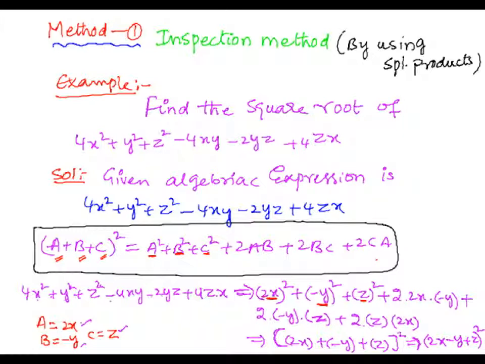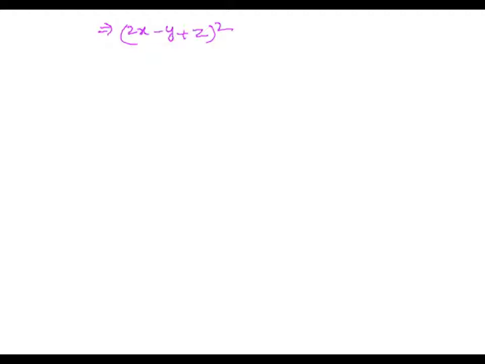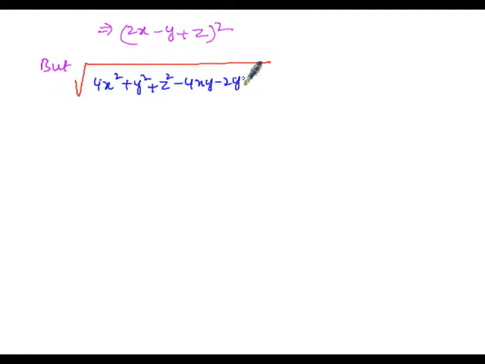The square root of the given problem, 4x square plus y square plus z square minus 4xy minus 2yz plus 2zx, is given by the square root of 4x square plus y square plus z square minus 4xy minus 2yz plus 2zx under root.